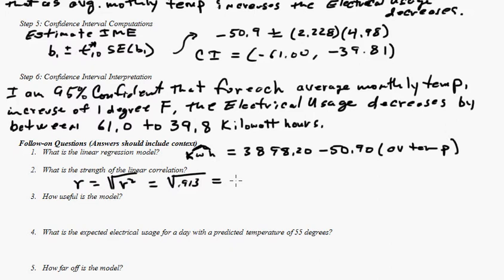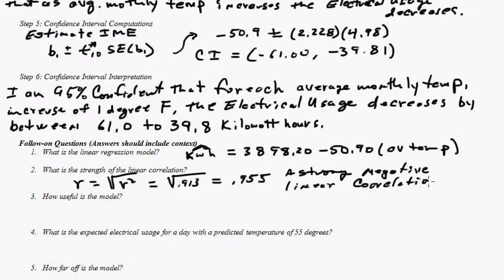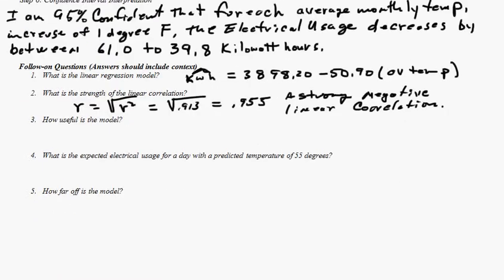So the square root of that, I believe, comes out to be 0.955. So it's very close to 1. So we say we have a strong negative linear correlation. We can use correlation now because we've done all these tests.